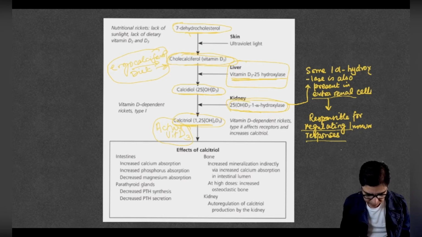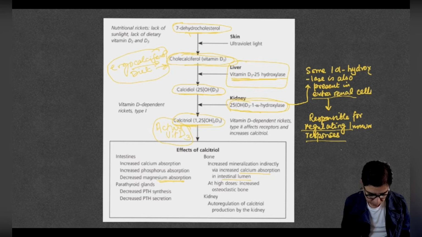Now, calcitriol has a lot of effects. Number one, it increases the absorption of calcium and phosphate from the intestines, and also causes decreased absorption of magnesium.